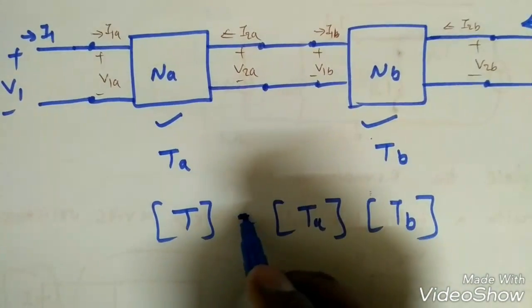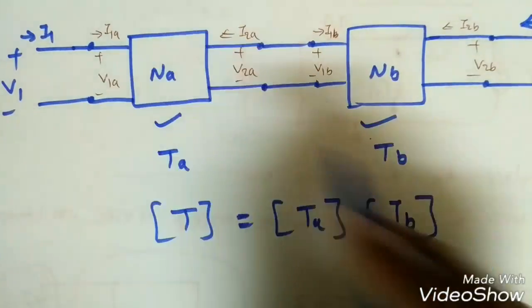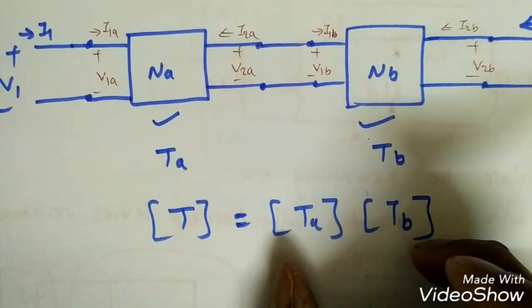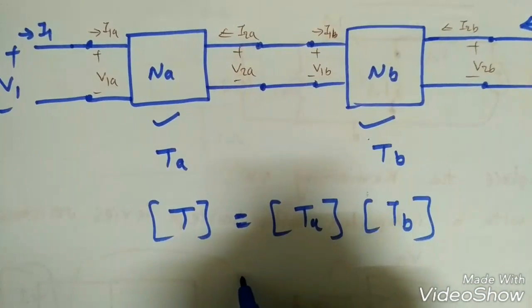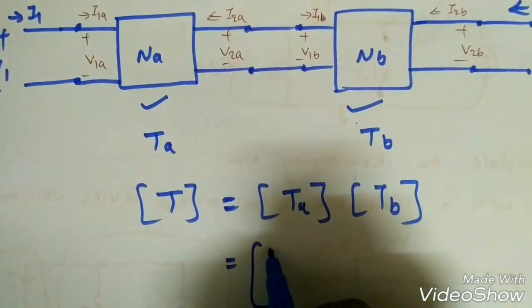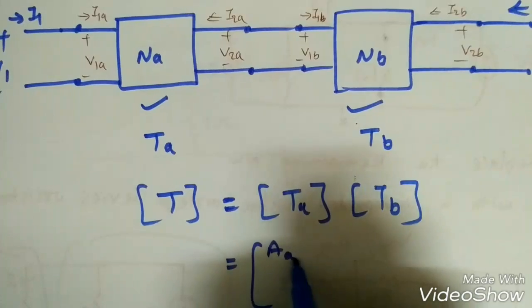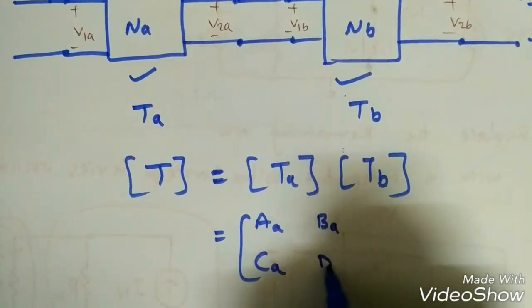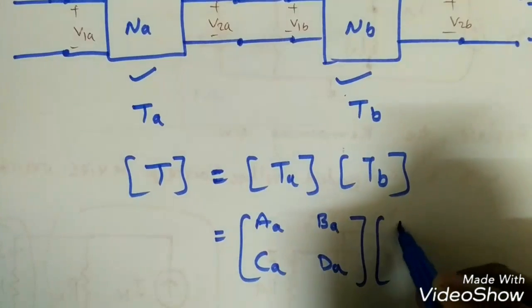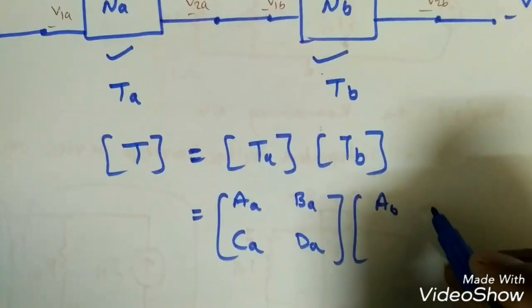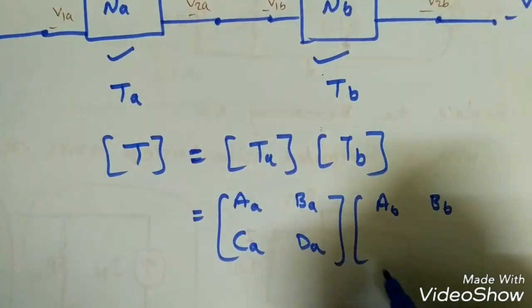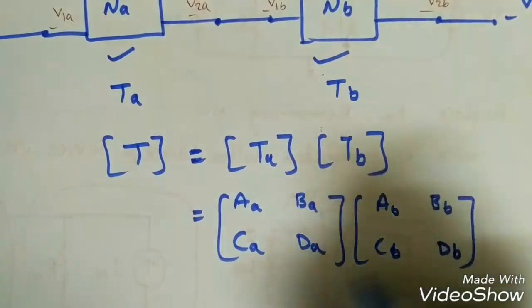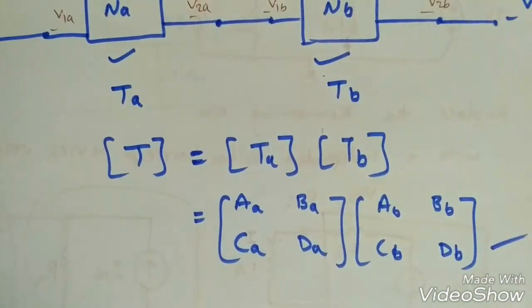So TA has AA, BA, CA and DA, and similarly TB has Ab, Bb, Cb and Db.